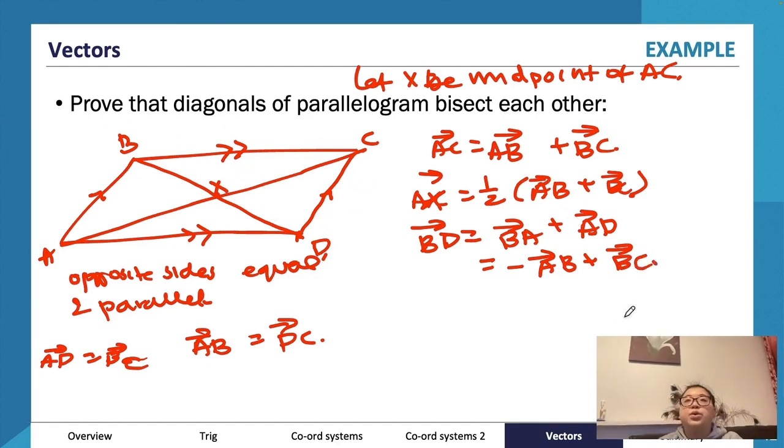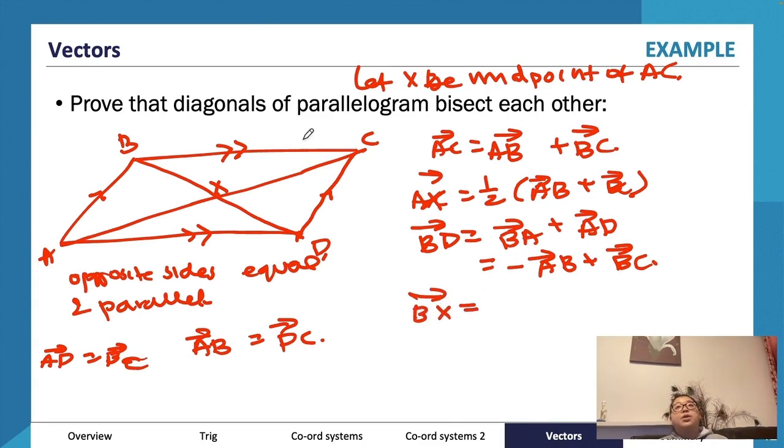Now we have this value that we can just work with, and we have everything in terms of AB and BC, so we don't need to worry about the rest. Now we need to find what BX is going to be.